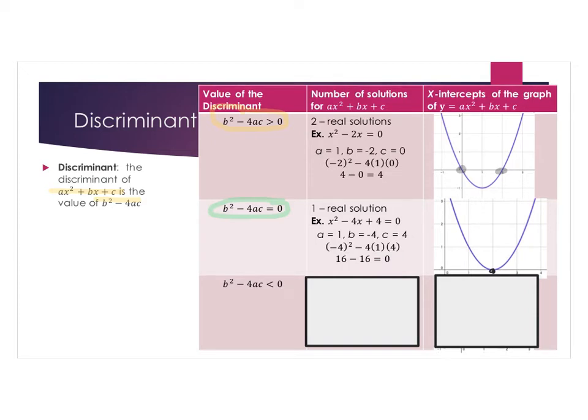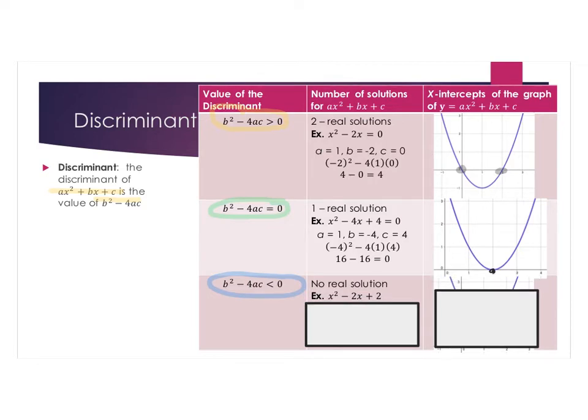If we look at our third option, if b squared minus 4ac is less than 0, meaning the discriminant is negative, then we have no real solution. There's still a solution, but it isn't a real number. If we look at an example, notice we have x squared minus 2x plus 2.